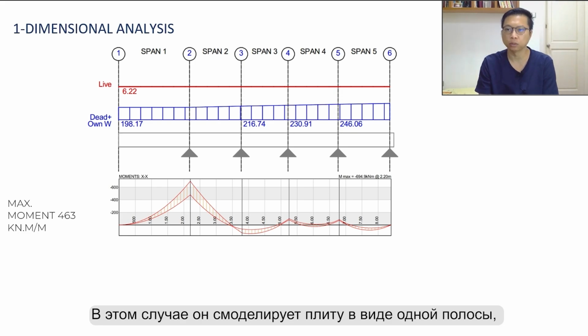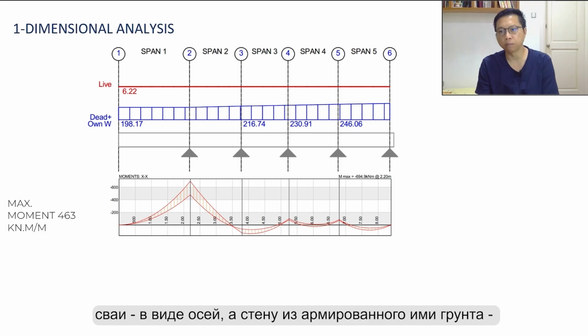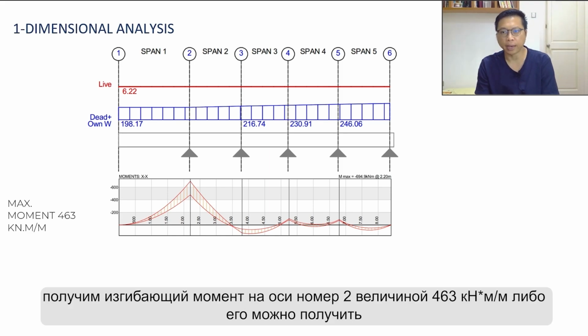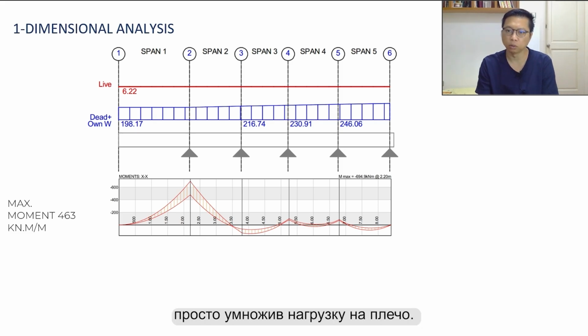The structural engineer will simulate piles using pins, and will model the reinforced soil wall with an equivalent line load applied onto the slab. Span 1 is a cantilever slab. By doing so, one will get a bending moment at pin number 2 of 463 kilonewton meter per meter, or simply times the load by the lever arm, you will get the bending moment.